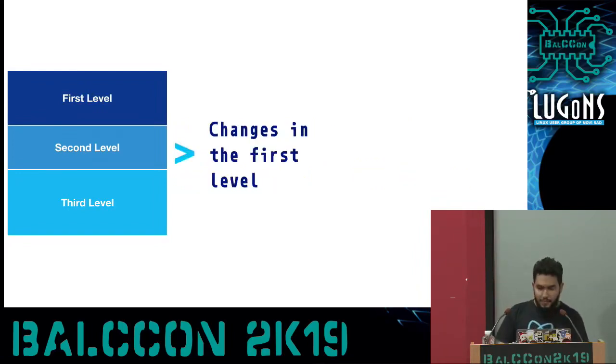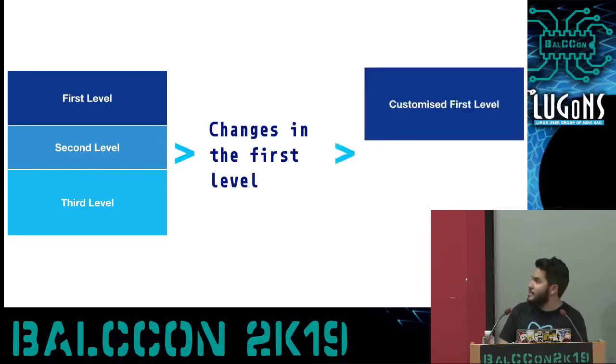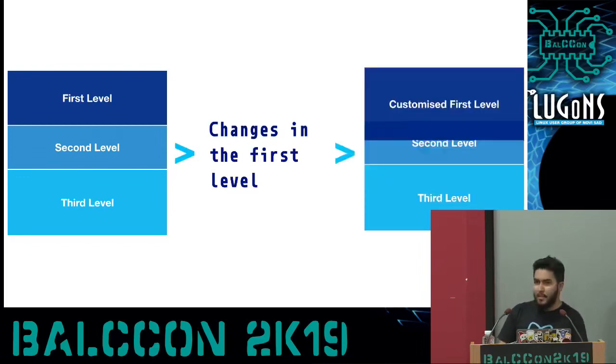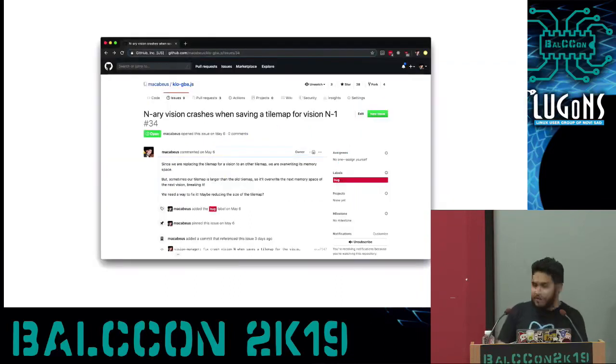And if you make changes to the first level, then the customized first level was overlapping the next levels. So yeah, this was a problem. And we filed this issue because basically what was happening is that an area version creating was saving time, was overlapping the tile map of version n-1.